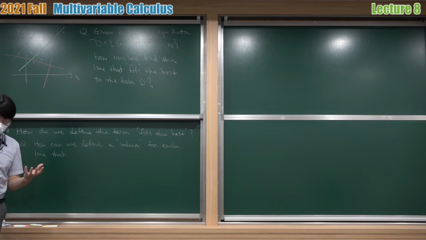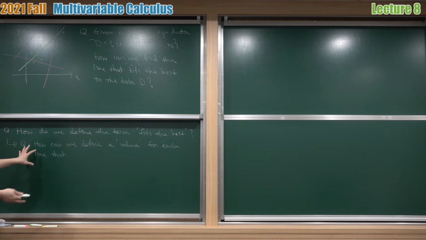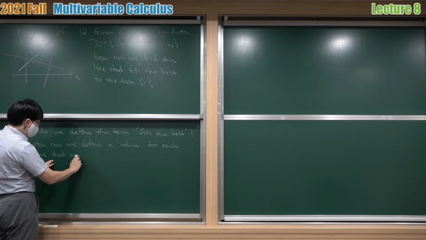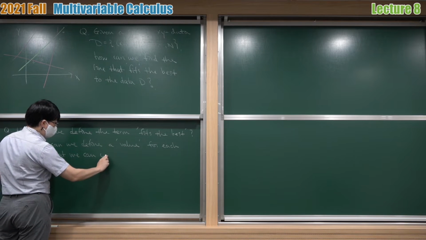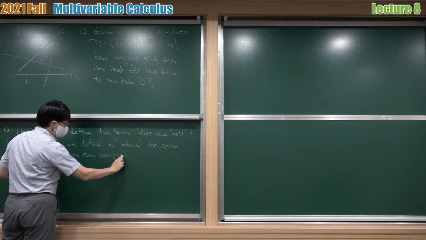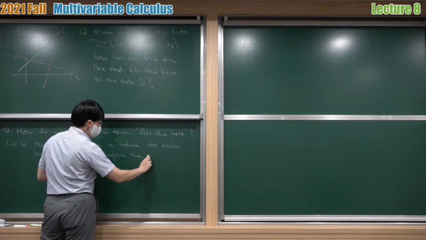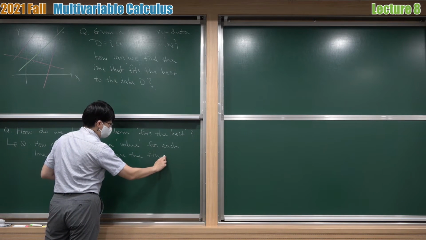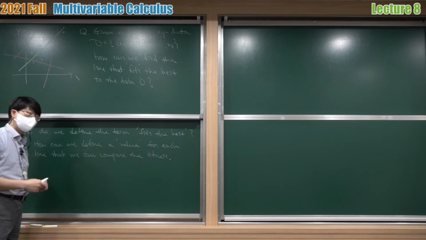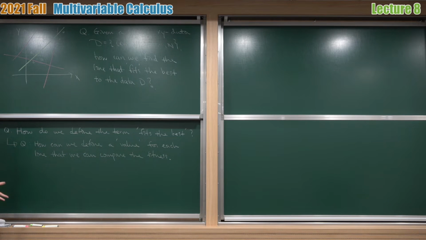You might say lower is better or larger is better. In any case, we have to define a value for each line that we can use to compare the fitness. So you narrow down the question: how do we find a value that compares the fitness of the line to the data?